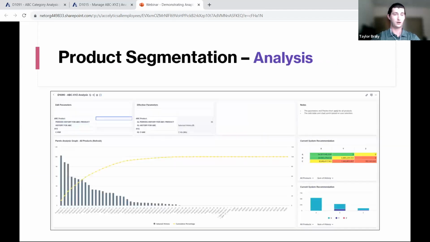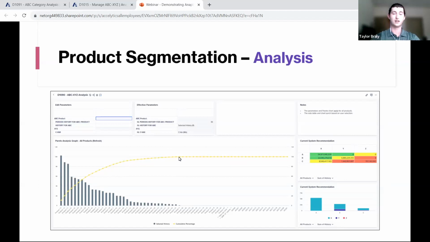We have several pages, a few for analysis. At a high level, we will be able to see this Pareto analysis graph. This is going to depict the sales volume based on a decreasing trend, starting with the highest volume of product and then continuing down.